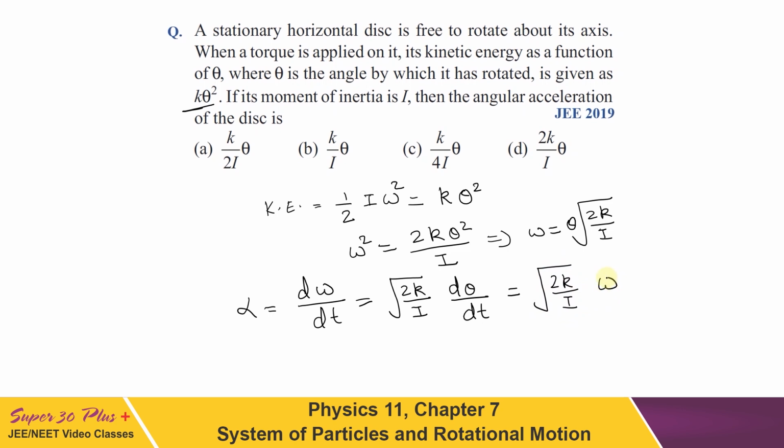And we already have the value of omega here. So if we substitute this, in place of omega it can be written theta into root 2k by I. So the final answer will be 2k by I multiplied with theta, which is our option number D.